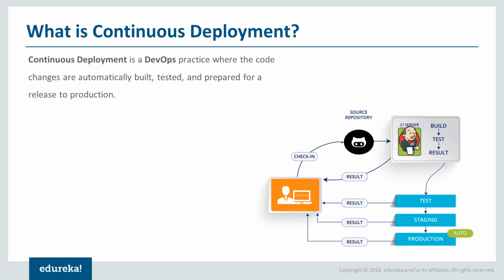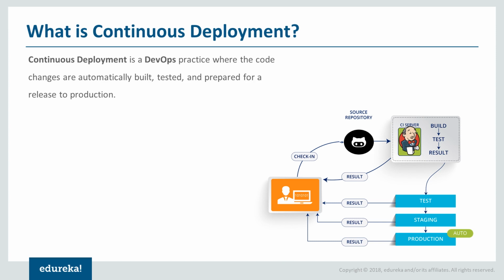So let's define continuous deployment. It is a DevOps practice where the code changes are automatically built, tested, and prepared for a release to production. As we have spoken, it's an extension of CI, and it takes over from where CI leaves your code base.